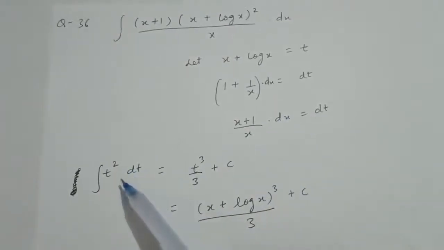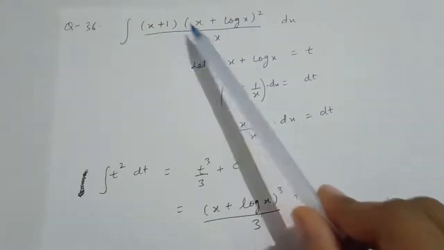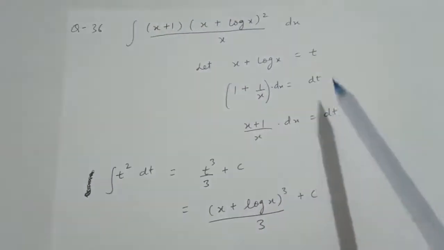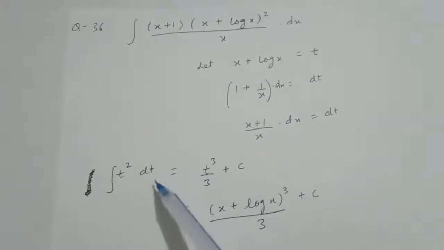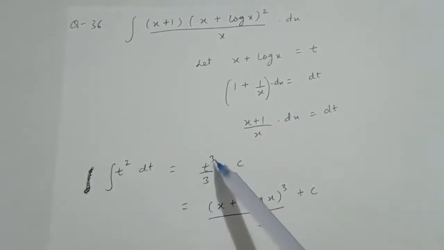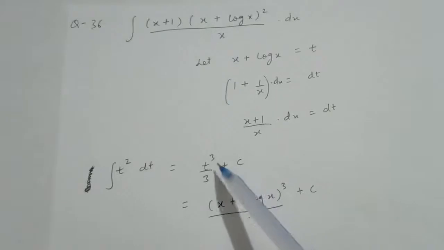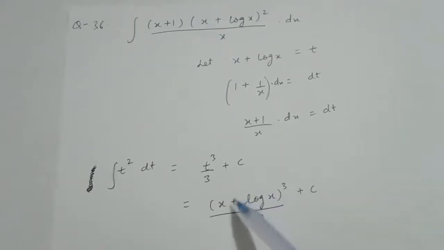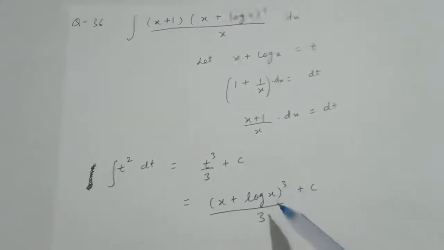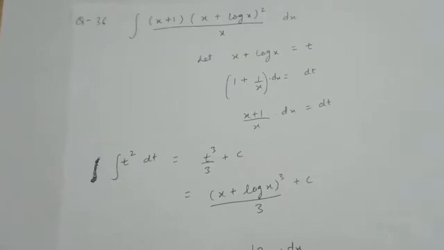Now the integral will become t square in place of this, and x plus 1 by x into dx is dt. Integral of t square is t cube by 3 plus c. In place of t, again put this value x plus log x whole cube upon 3 plus c. Right?